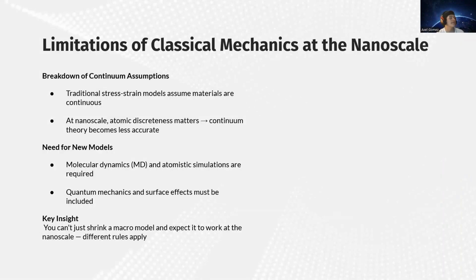Also, quantum effects such as tunneling or energy quantization start to influence material responses, which classical mechanics does not account for. So, when designing nanoscale systems, engineers need to use different tools and theories than what we are used to for larger scale structures.